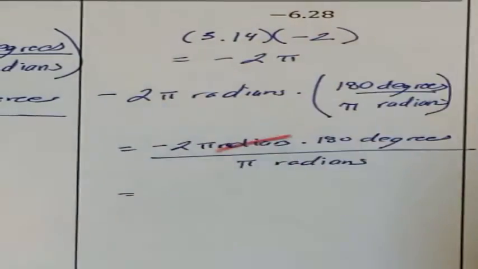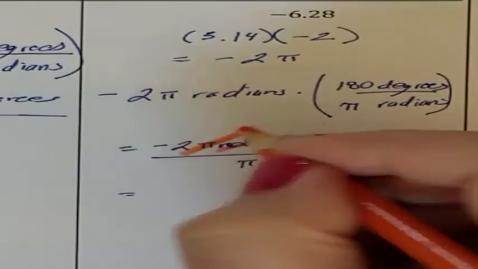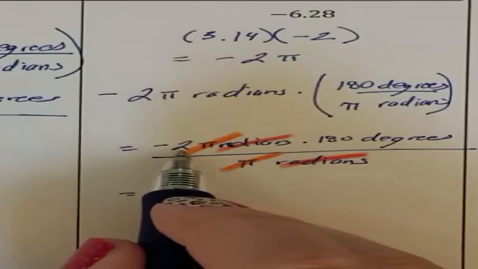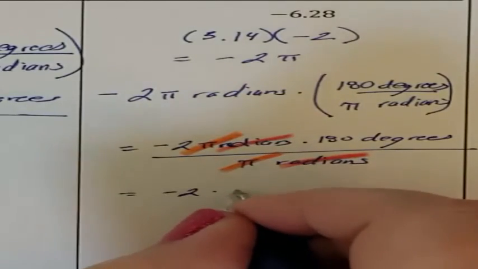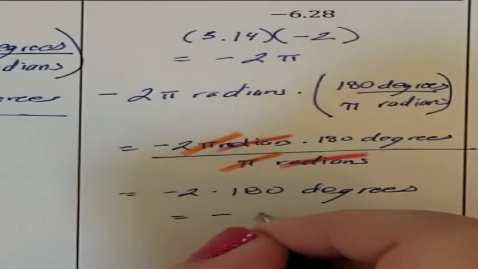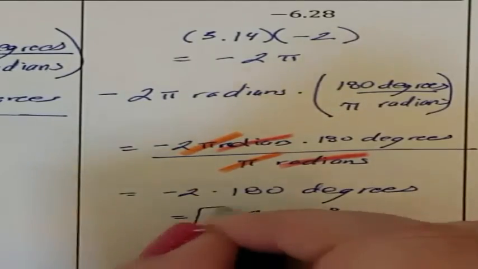Radians in the numerator and radians in the denominator cancel each other out. Pi in the numerator and pi in the denominator cancel each other out. So I have negative 2 times 180 degrees, which simplifies down to negative 360 degrees.